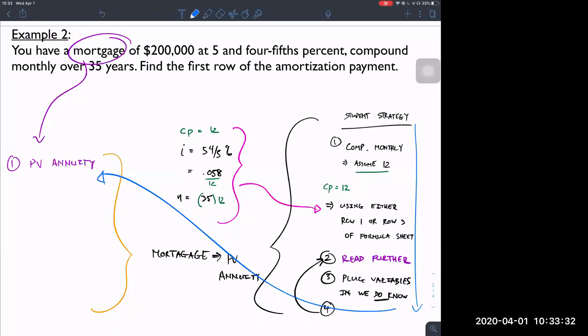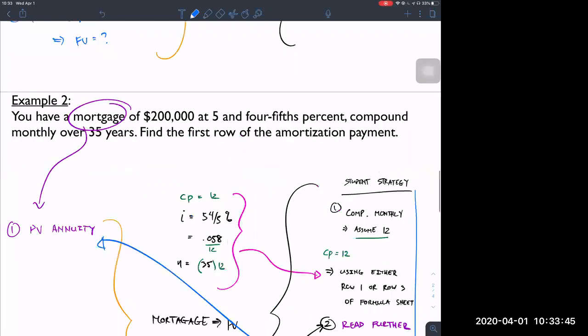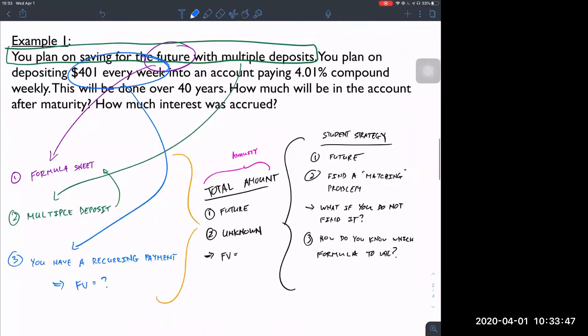All right, perfect. Does anyone need to see this problem? Professor? Yep, go ahead. Going back to example 1 as well. When you make that suggestion that we should be making a chart, what is it called, an amortization chart, right?